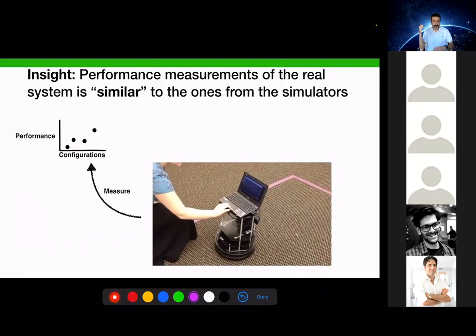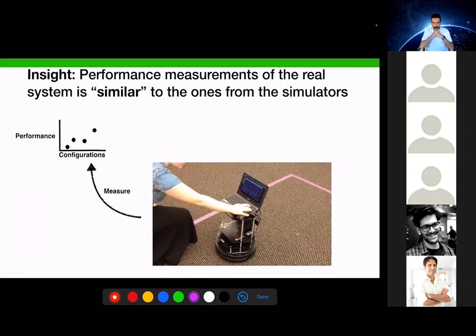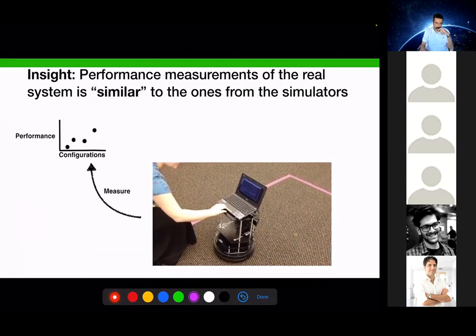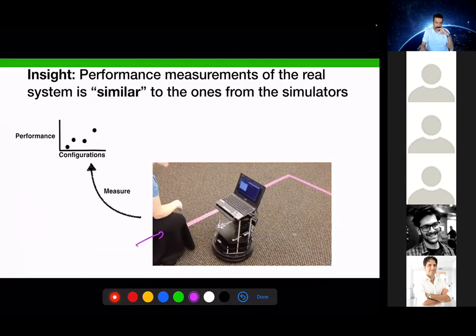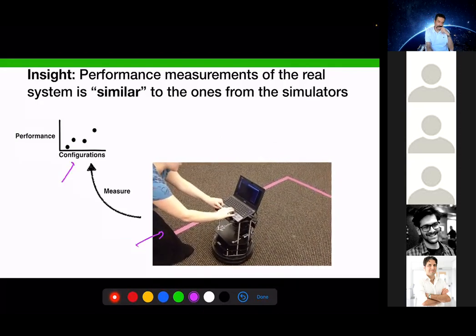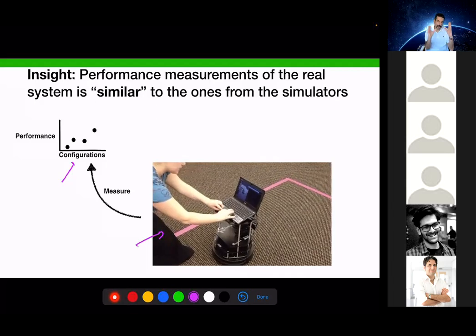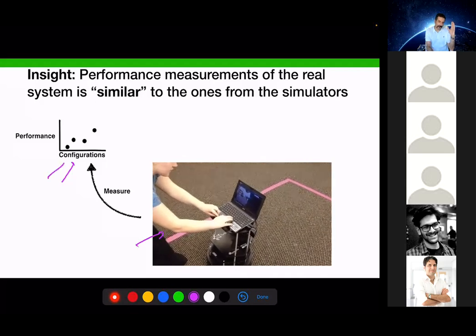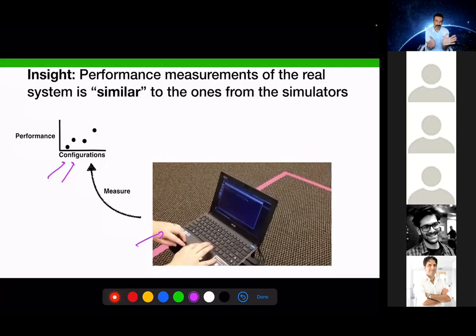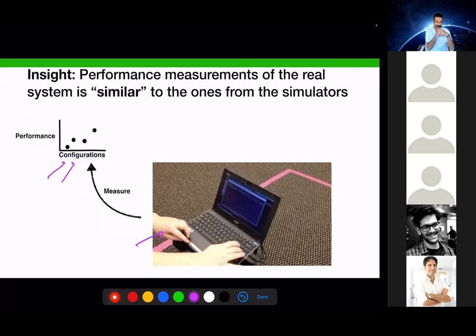And typically, the way you approach this, you have a system, you configure the system, and then you measure performance. So you have this type of space. We are talking about one dimension here, but one dimension is naive.